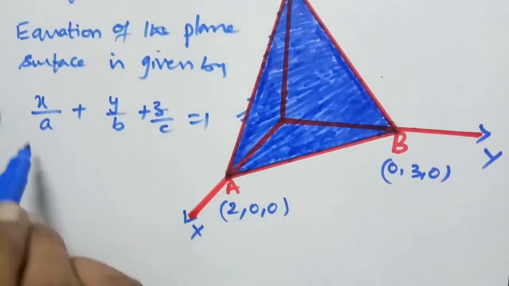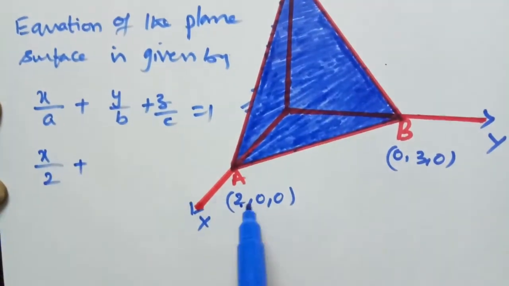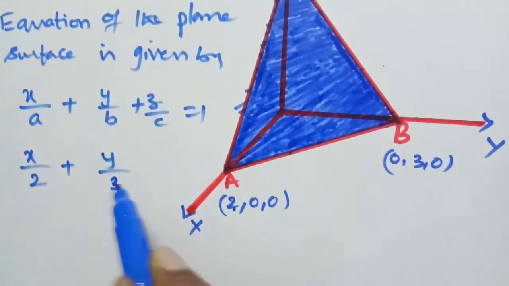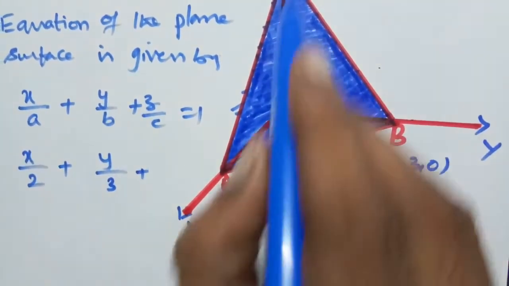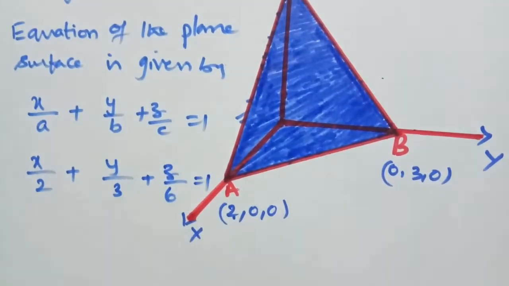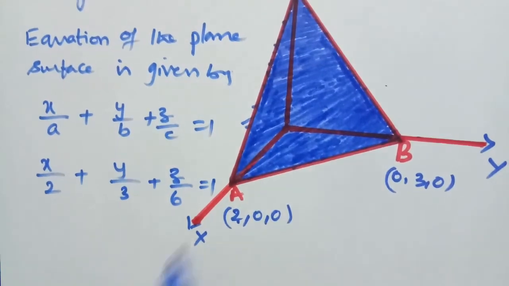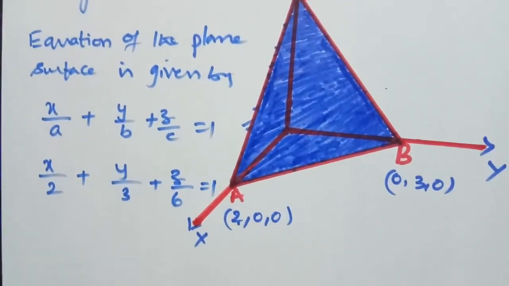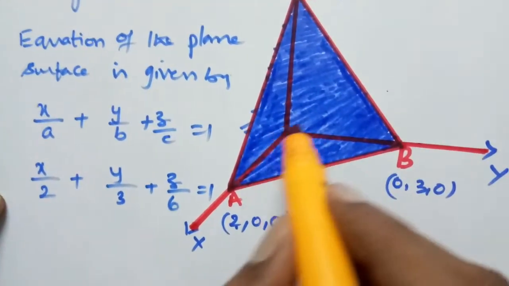Here the x-intercept is 2, the y-intercept is 3, and the z-intercept is c equal to 6, so x by 2 plus y by 3 plus z by 6 is equal to 1. Intercept means the distance along the x-axis from the origin, the y-axis distance from the origin, and the z-axis distance from the origin.